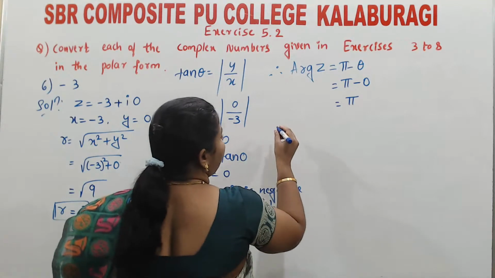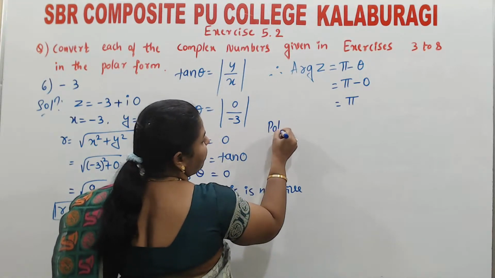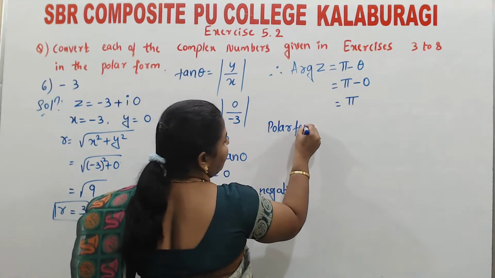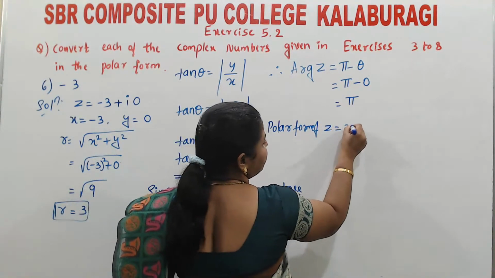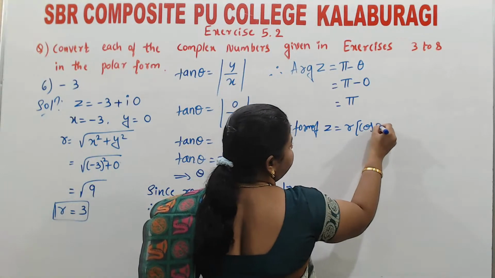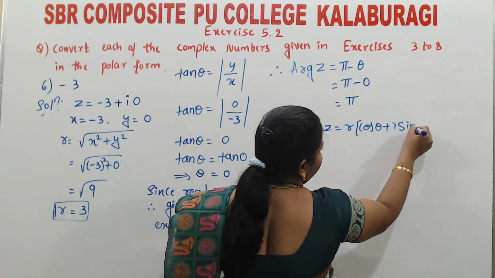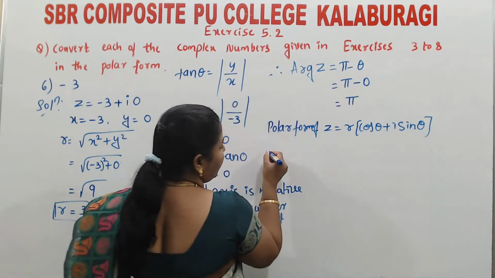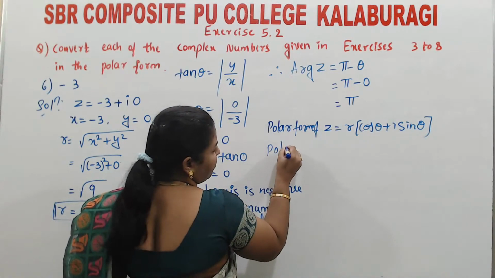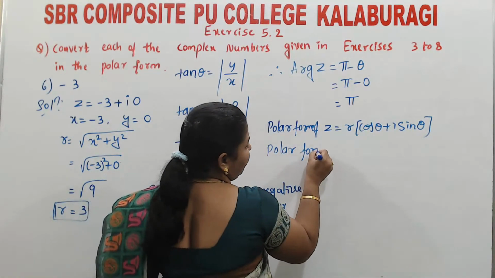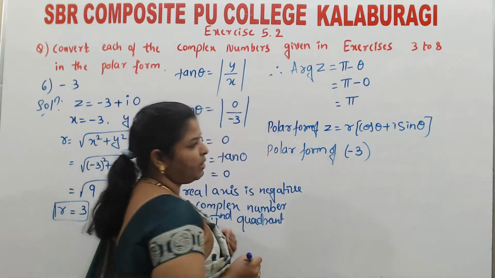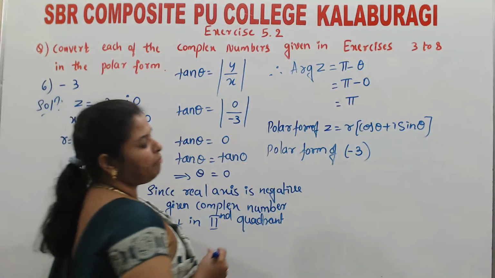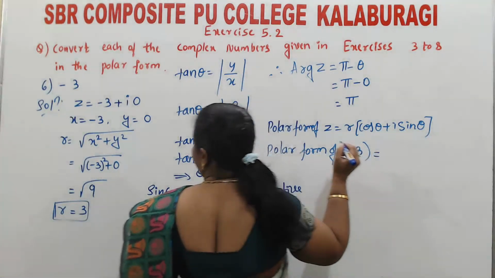Then the polar form of a complex number is equal to r into cos theta plus i sin theta, right? Polar form of the given complex number minus 3 is equal to, what is r?